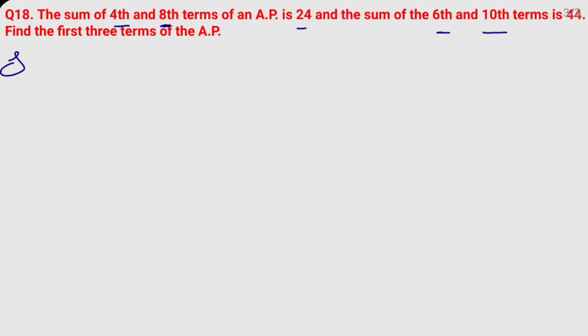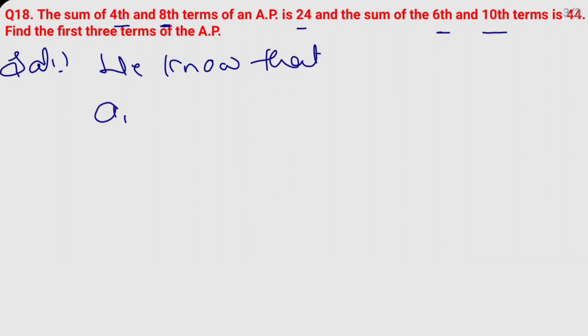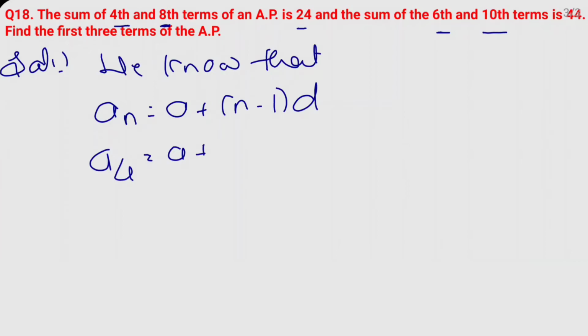So let me solve here. We know that an equal to a plus n minus 1 into d. So here they given 4 terms. So it means a4 equal to a plus 4 minus 1 into d. So a4 equal to a plus 3d.